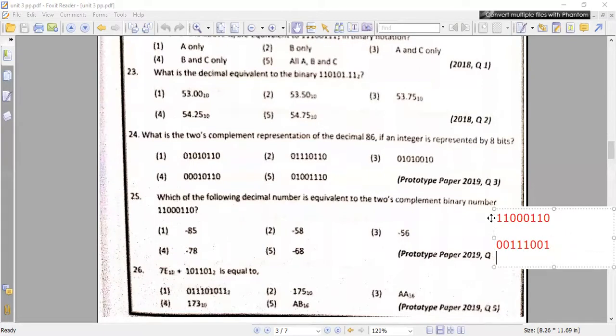Then add 1 to the least significant bit. You have to add that, so here you get 0, here you get 1. The other part will be the same, that is 1 1 becomes 0, then you get 0 1.